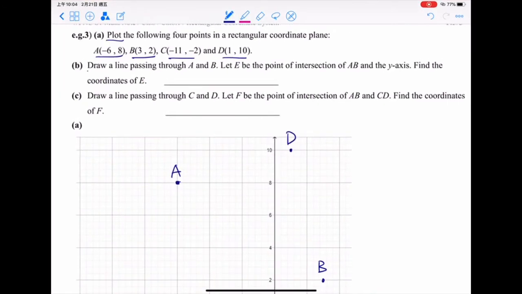Next part B, draw a line passing through A and B. That means draw line AB. So A and B, that means draw them. Secondly, let E be the point of intersection of AB and the y-axis. So two lines are given here.